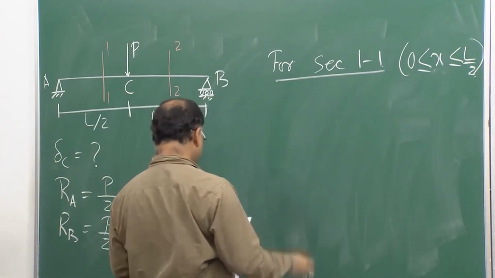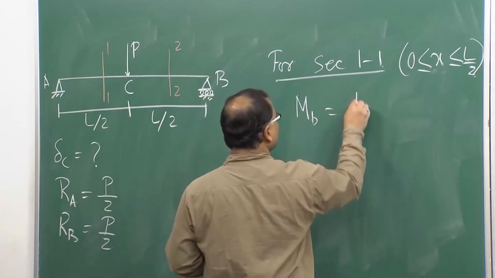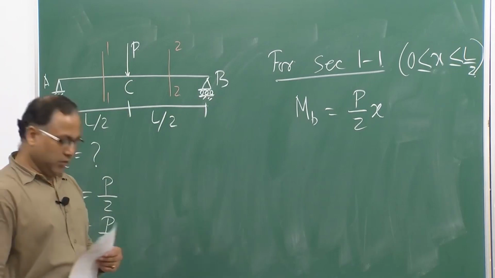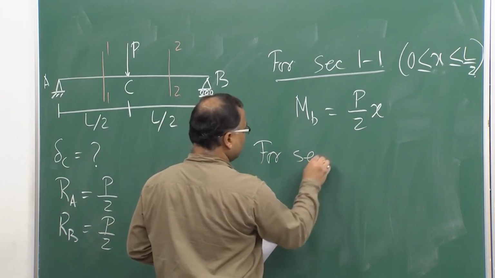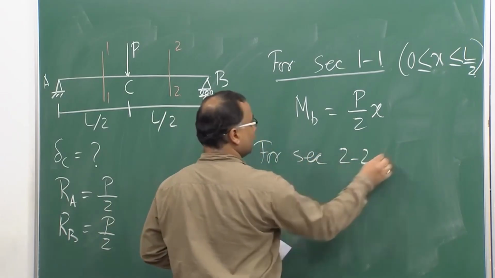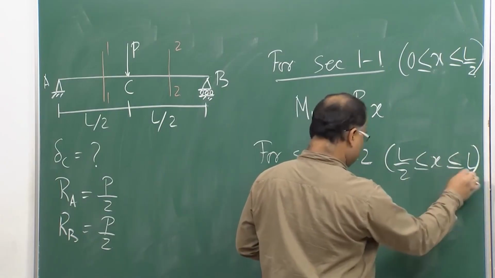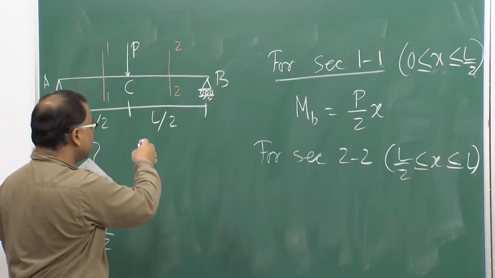There your bending moment is, you know how to find that, P by 2 into x. Now, for section 2, which is nothing but L by 2 to L, and we are considering the left hand side of section 2.